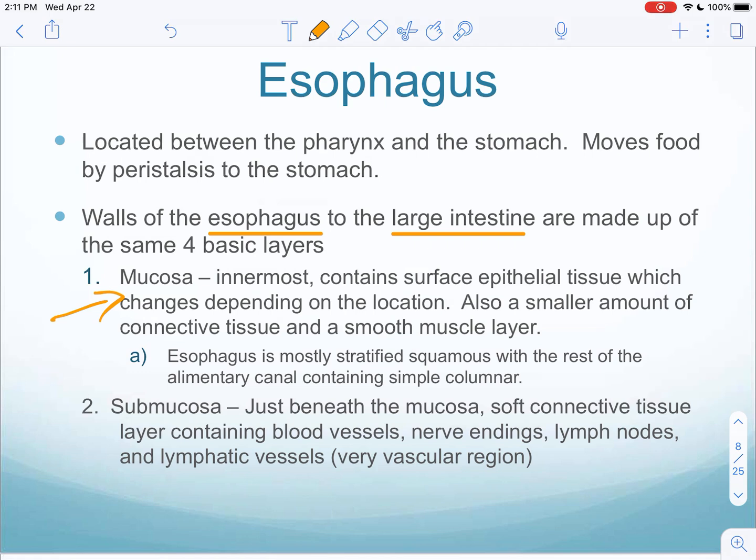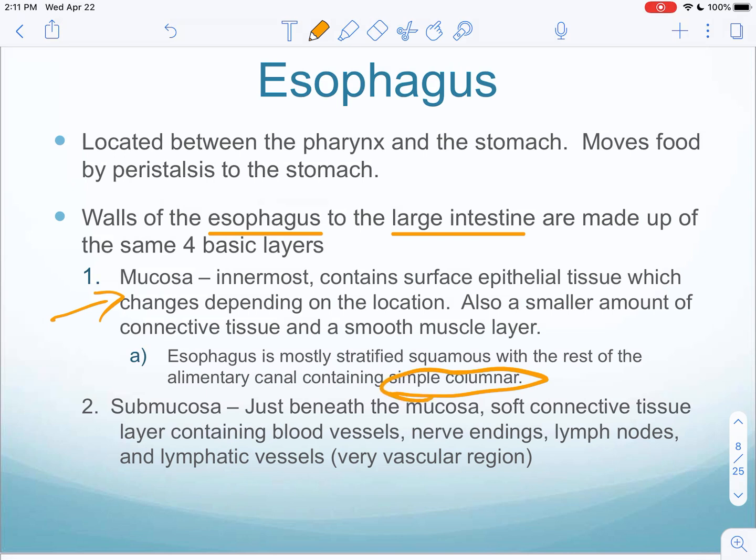The surface lining, and if you remember this from the unit earlier in the year on tissues, all linings are epithelial tissues in the body. So this lining is going to be made up of simple columnar epithelial tissue. In some spots it's going to be simple columnar. Actually, in the esophagus, it's going to be stratified squamous. As soon as you get to the stomach, small intestine, large intestine, all 3 of those are simple columnar.